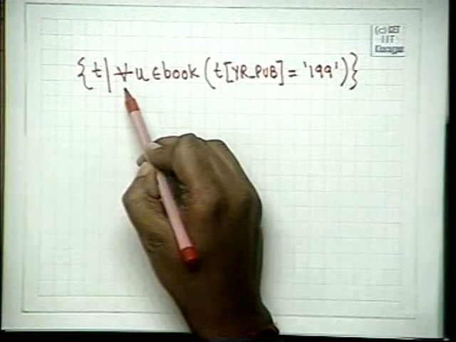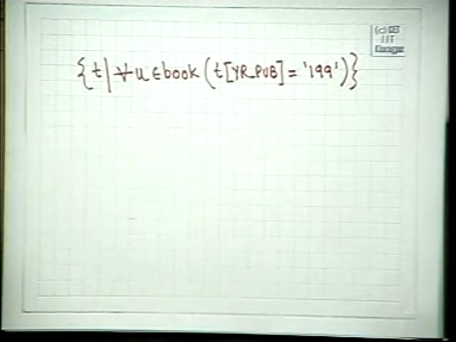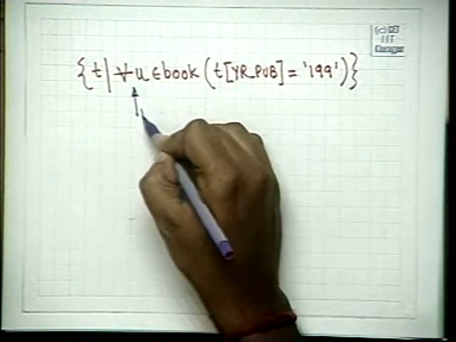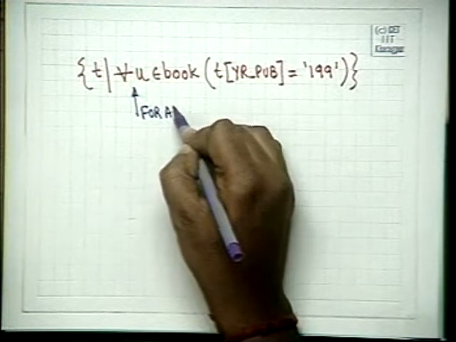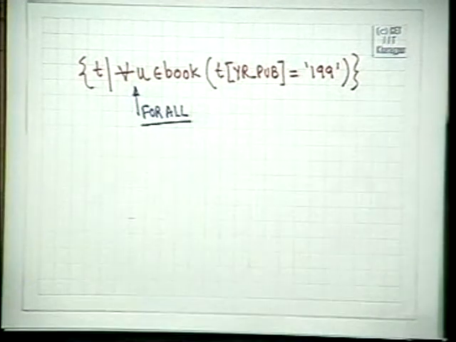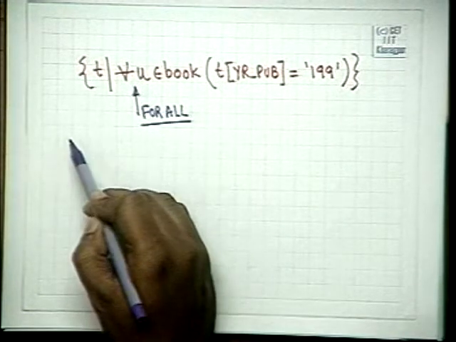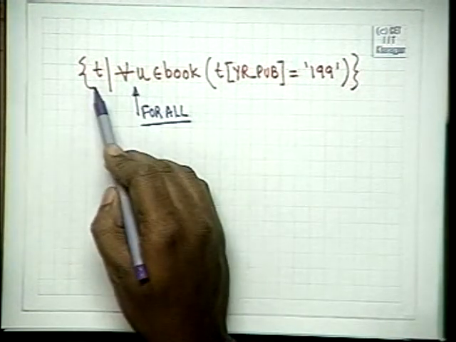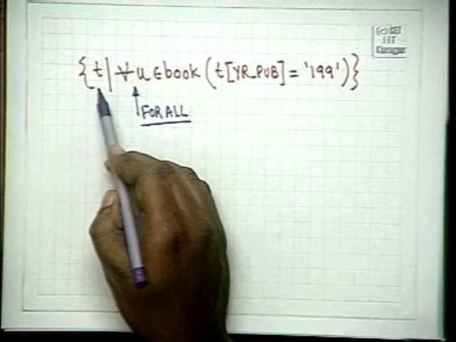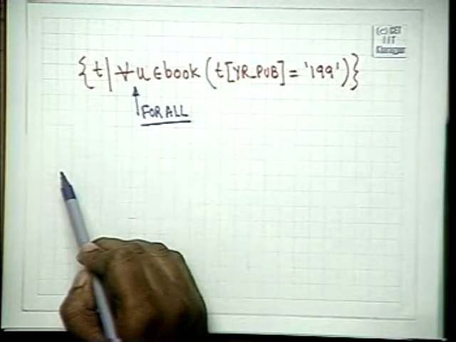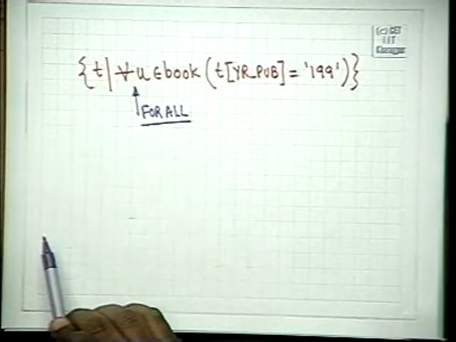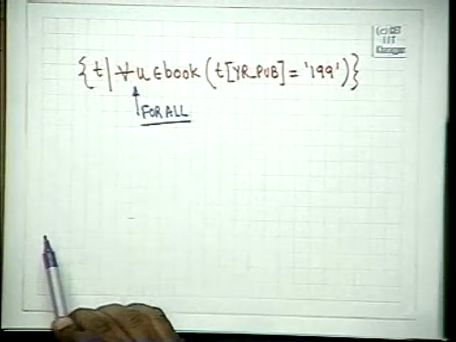We had previously the there exists quantifier. Now we will have a for all quantifier. This is called for all. This means that every tuple in T must satisfy what? Given a tuple in T, the year of publication must be such.